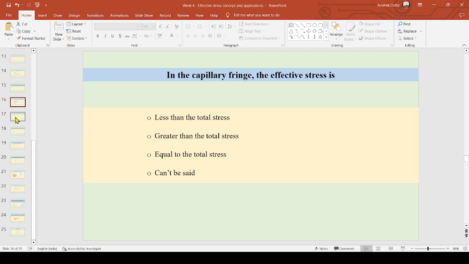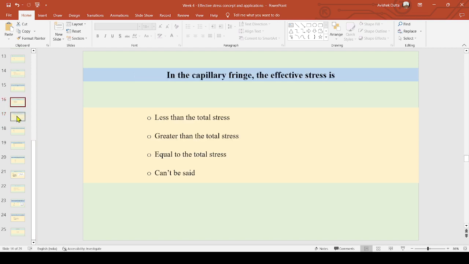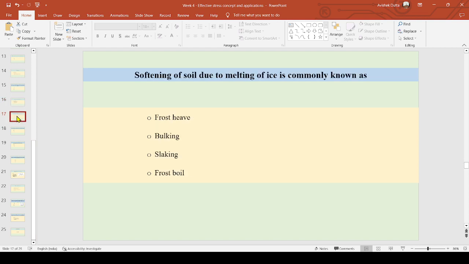Next question. Softening of soil due to melting of ice is commonly known as, the options are frost heave, bulking, slaking, or frost boil.